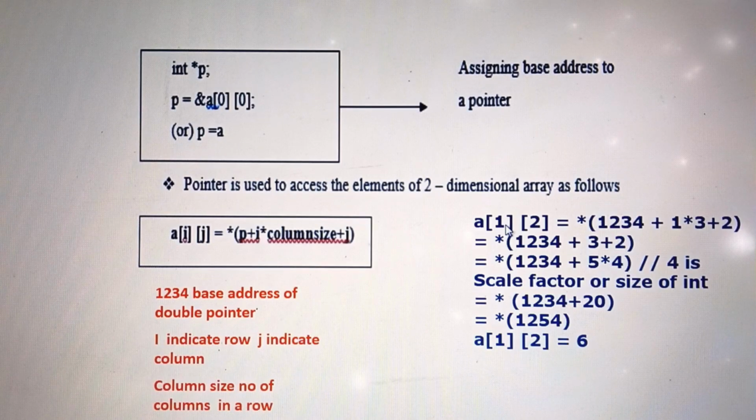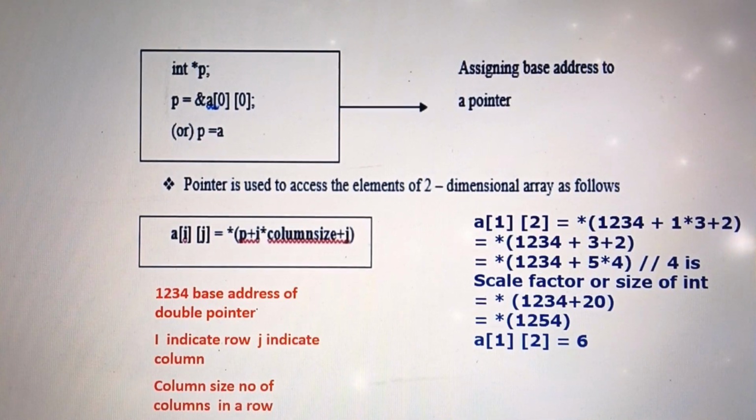The first row number is 0, 1 is the second row, since the index starts from 0. Then the row number is 1. Now, multiply by the number of columns in each row, that is 3. That should be multiplied first: 1 into 3, 3. Plus J. J means which column.